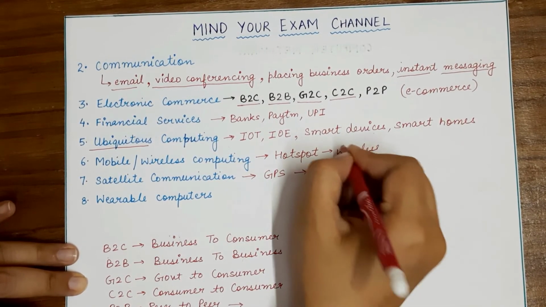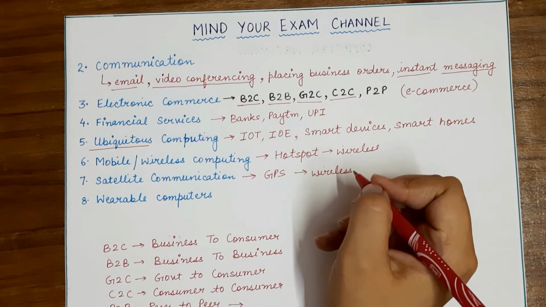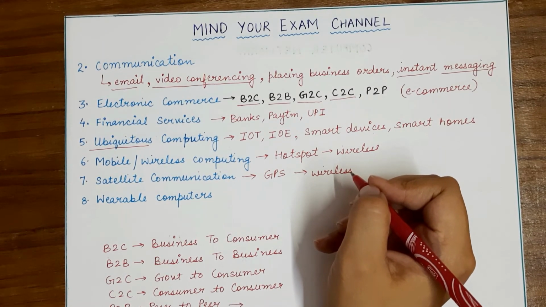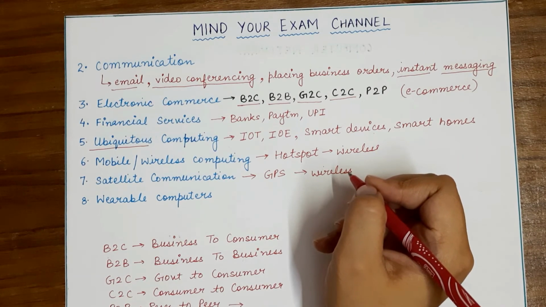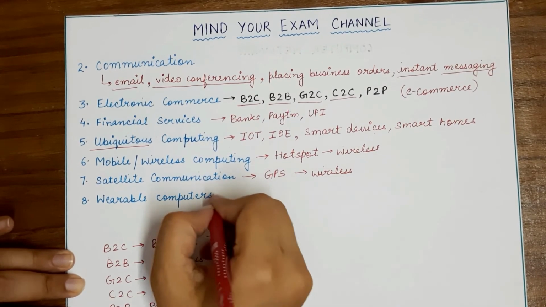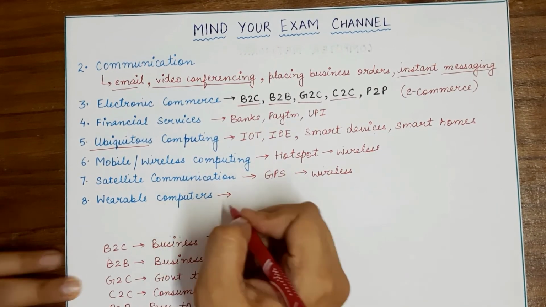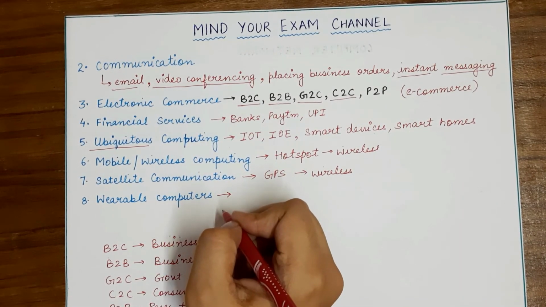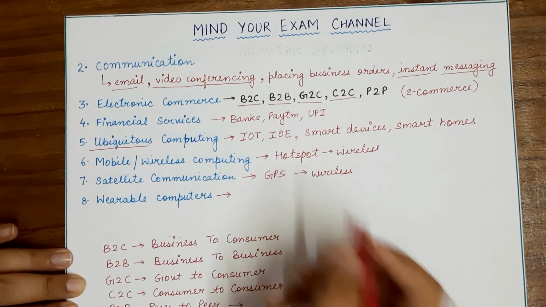So whether through wired or wireless medium, whenever information is being interchanged, you will see the use of computer networks. This is not an exhaustive list, but some of the most important and commonly seen uses. And last is wearable computers.